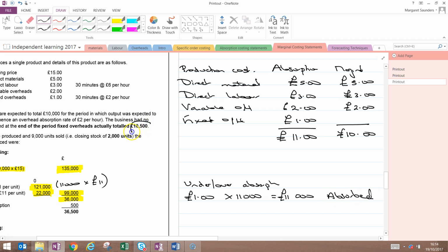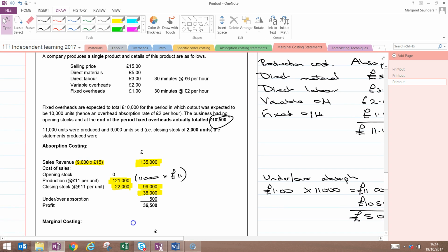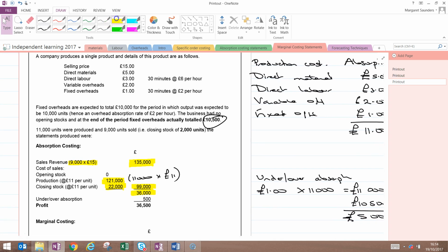We were told actual overheads 10,500. So we have over absorbed by £500. We add over absorption and that results in a profit figure of £36,500.